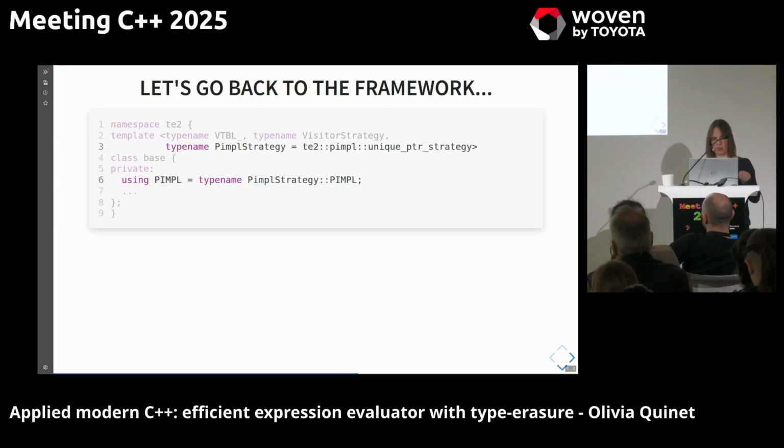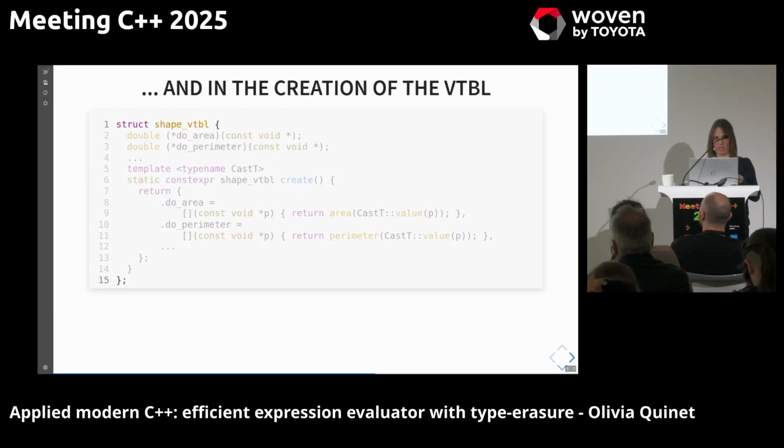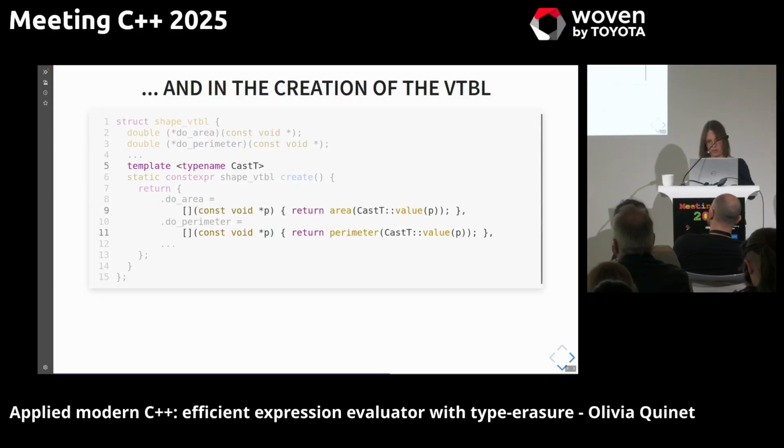So if we go back to the framework, we have the pimple strategy here, and the creation of the VTBL. Again, that's where all the magic will happen. We need to modify the cast value to know that we are going to use a value inside the pimple instead of using the value pointed to by the pimple.